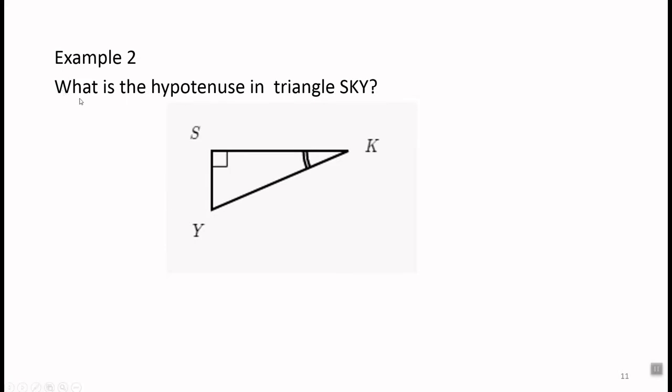Example. What is the hypotenuse in triangle SKY? In a right angle triangle, the side opposite to the right angle we call the hypotenuse. So KY is the hypotenuse.